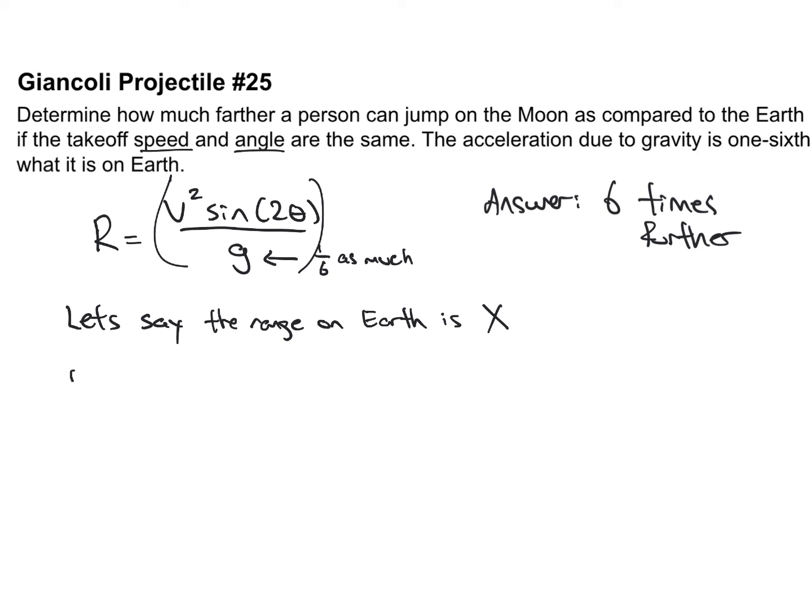And now the range on the moon is going to be calculated by this formula. So for the range on the moon, we change the gravitational field strength to 1/6 of what it is on Earth.